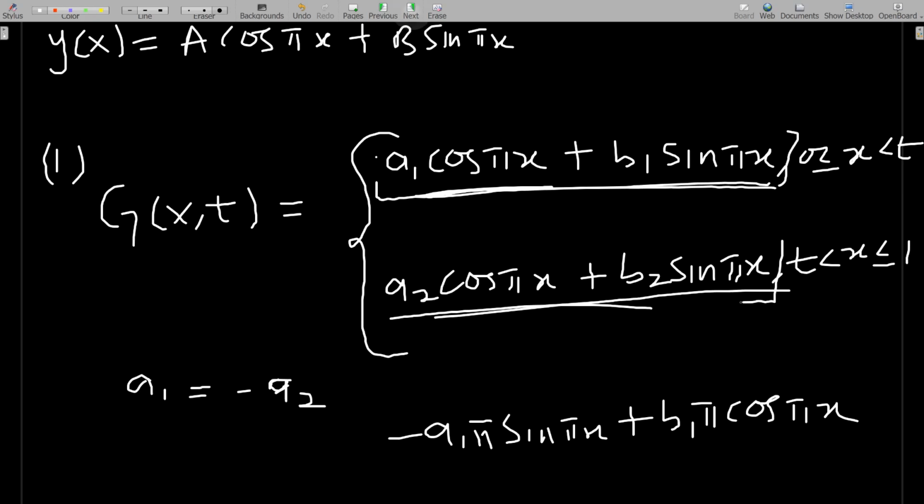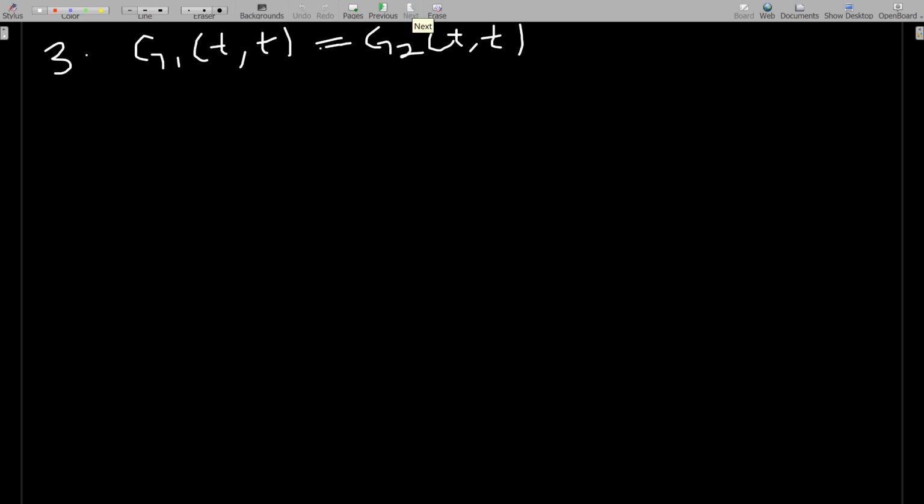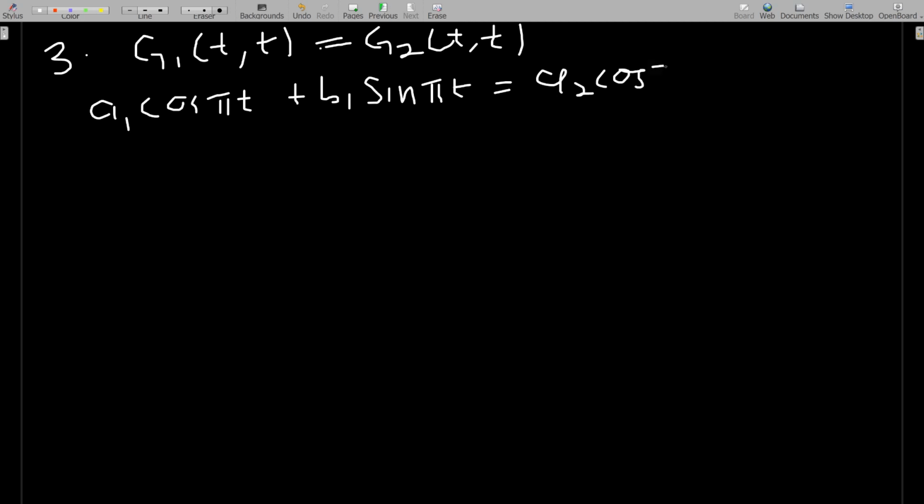They should be equal. So what you get is something like this: a1 cos pi t plus b1 sine pi t should be equal to a2 cos pi t plus b2 sine pi t, okay.